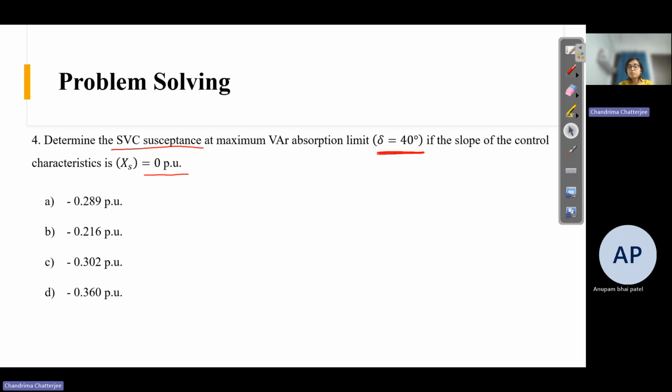And the maximum production will be at delta equal to 90 degree. Okay. So what is the SVC susceptance when the slope of the control characteristic is 0 per unit? What does that mean? What is the control characteristic and what is its slope? Let's look into that.